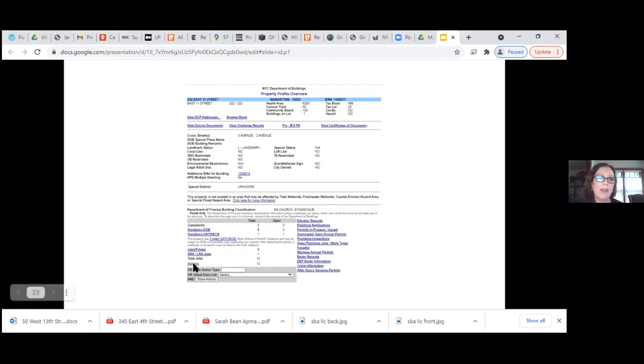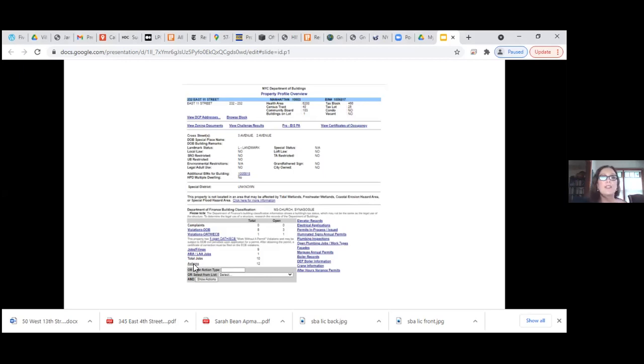They also have actions, which is down here. Actions is interesting because it will identify past permits, but you can't see what the permits are. But sometimes those permit numbers can help you out in terms of finding out more information on the building.